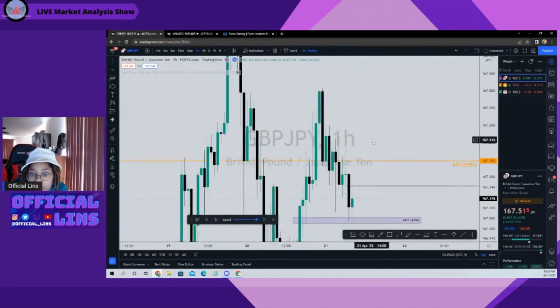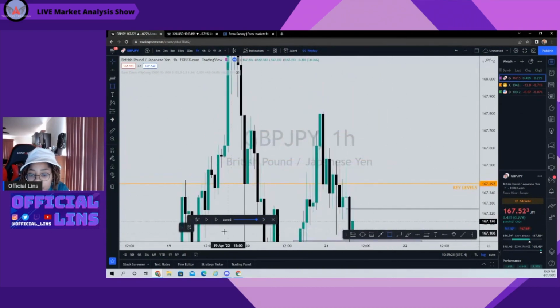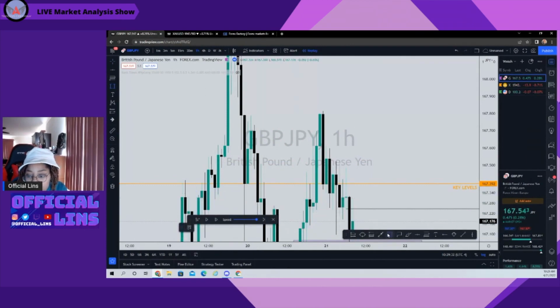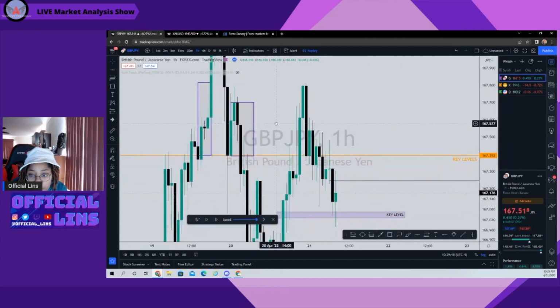So what I'm thinking here is, okay, every time price bounces off of the zone, what does it do? Let me get my boxes real quick so I can show you. All right, every time price bounces off of here, it went to the top side. When price bounced off of here, it went to the top side. So I'm looking at that as well.